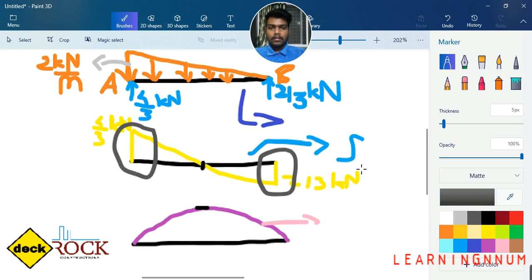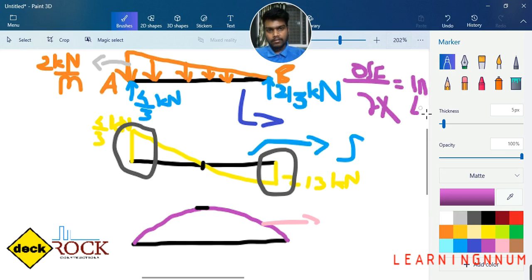Now the relationship between the slope of shear force and the intensity of loading. Remember, I have told you this equation: slope of the shear force diagram is equal to the intensity of loading. Now what is the intensity of loading from A to B?